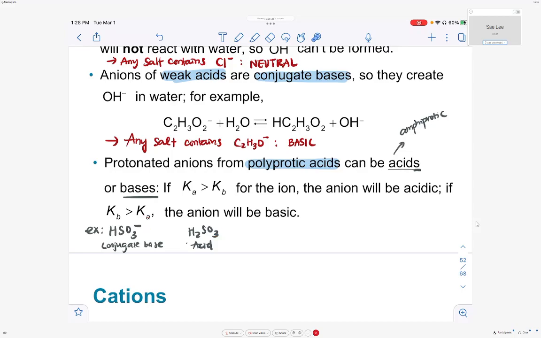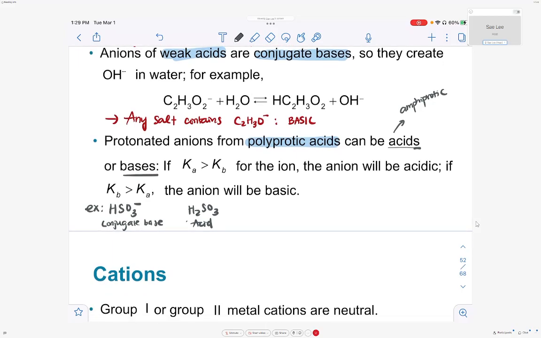The conjugate base is still in protonated form. Protonated anions. After getting rid of one proton, it still has one proton left. That's why we say it's a protonated anion. Okay. So for this anion, any salt that contains this anion, is it going to act as an acid or base? It can act as both acid or base depending on the environment. Okay.